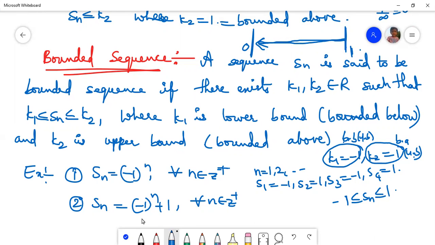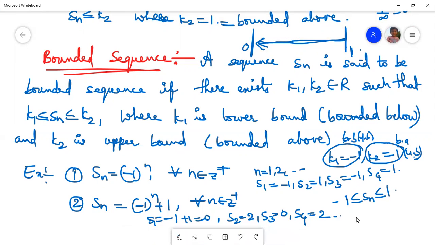In the second example, Sn equal to minus 1 whole power n plus 1. Minus 1 whole power 1 is minus 1, plus 1, it is equal to 0. So S1 equal to 0. S2 equal to minus 1 whole square is plus 1, plus 1, it is 2. S3 equal to 0. S4 equal to 2.